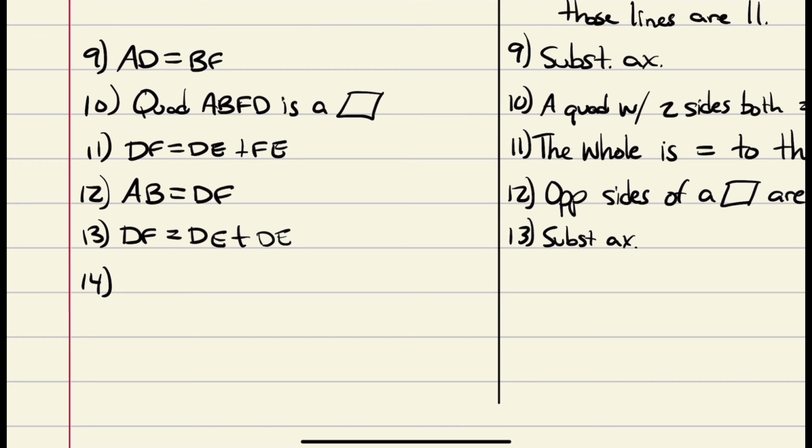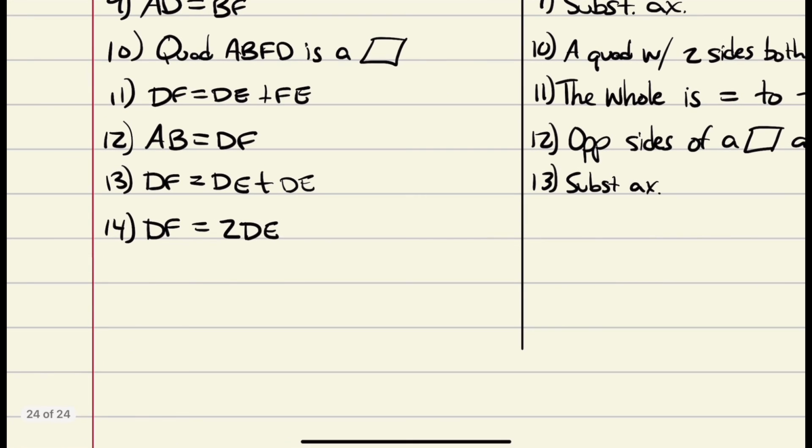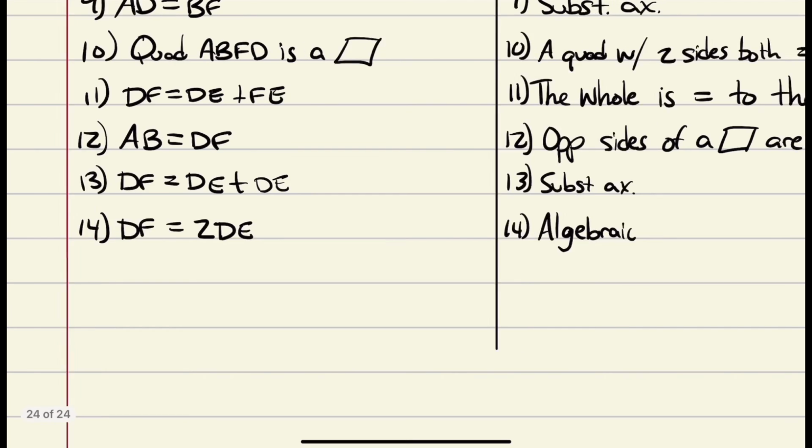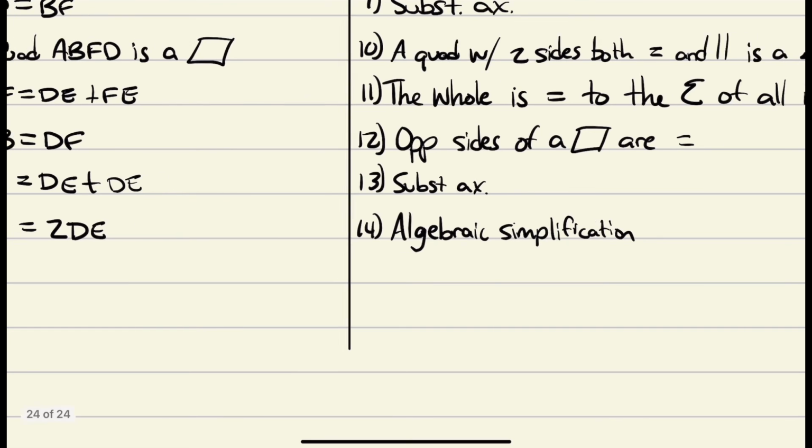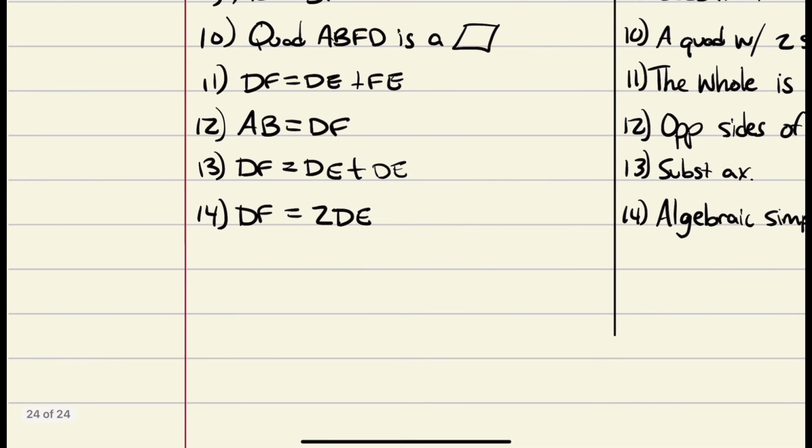Number 14, I can say DF equals 2DE. That's just algebraic simplification. All we did was combine like terms. That's not rocket science there.